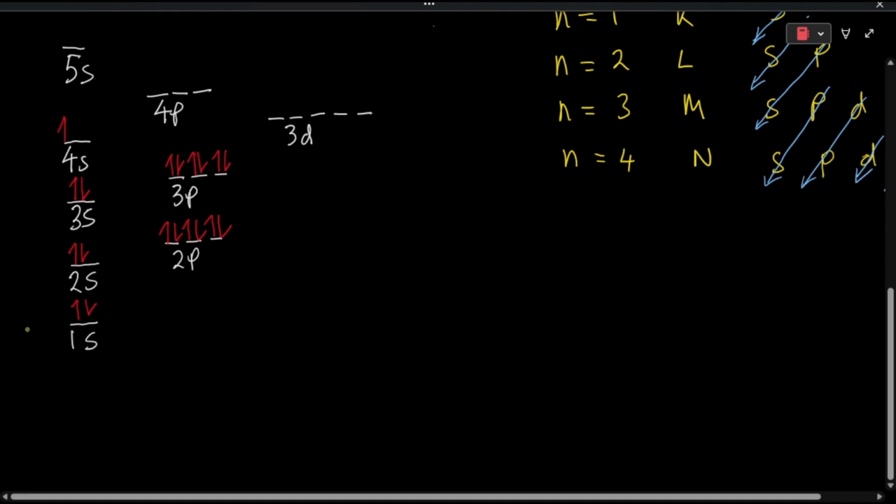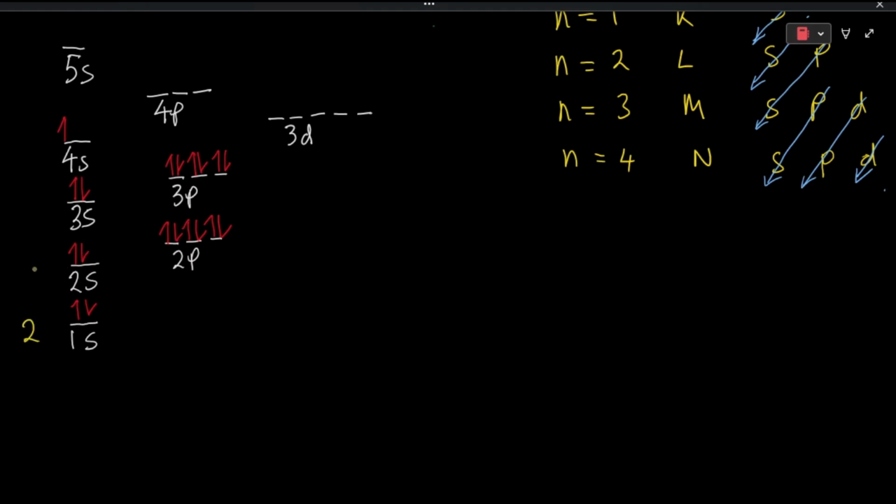So for potassium, which has 19 electrons, we have 2 electrons in the first shell, 8 electrons in the second shell, another 8 electrons in the third shell, then 1 electron in the fourth shell.